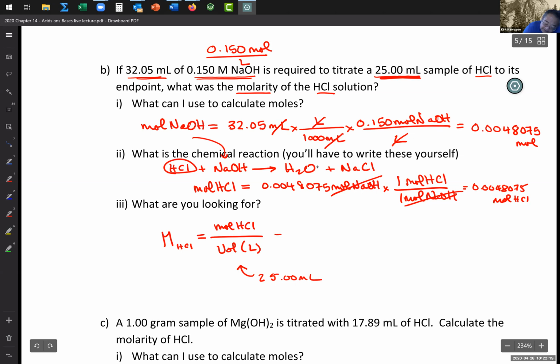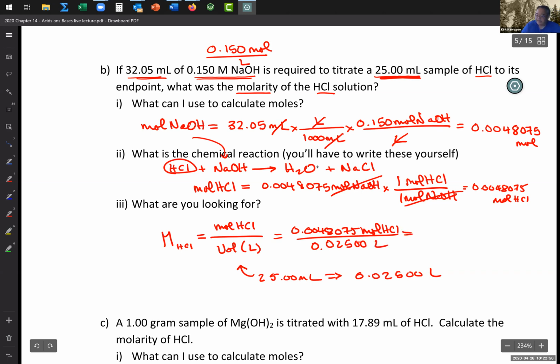So really, I just need to go like this, 0.0048075 moles of HCl, and then I'm dividing it by 25 milliliters, and I'm going to make this go quick. It's actually that many liters, so I drop that underneath. And I just did that conversion in my head, so you may have to write it out, but it's the same conversion that we did before.